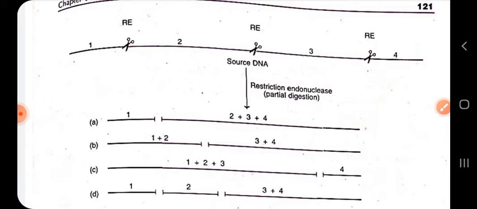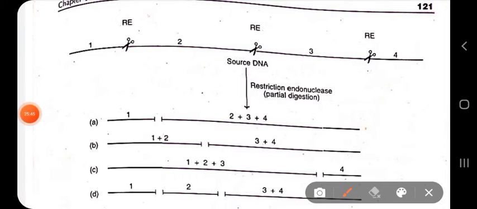Normally you can see here this DNA, which is shown by a simple line, and the images of scissors are the restriction enzyme sites where a specific restriction enzyme will cleave, will cut at that region.